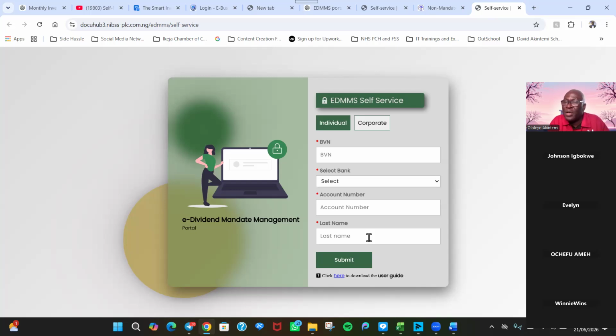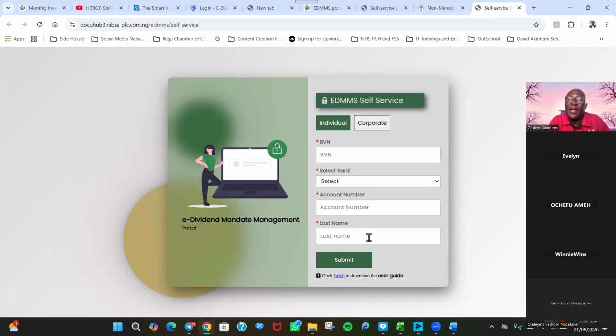It will automatically check the BVN number in their database and check if the name you have put in here is exactly the name in their database for this BVN number. And it will also check your bank account. So everything has to match.